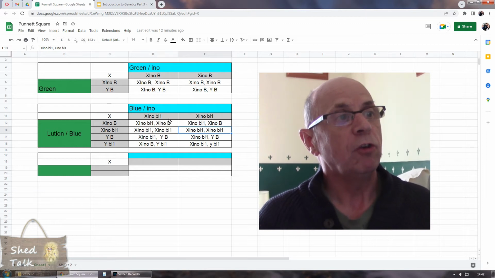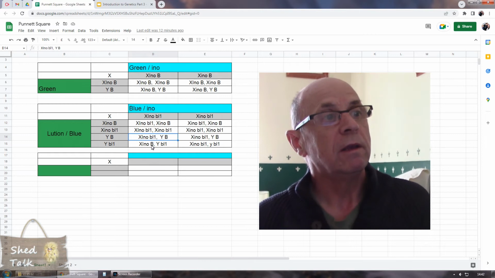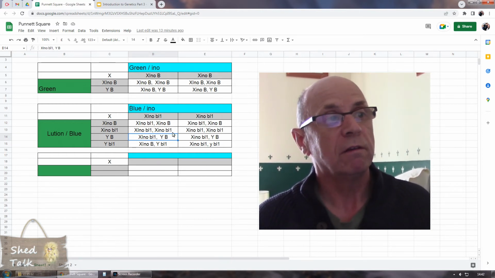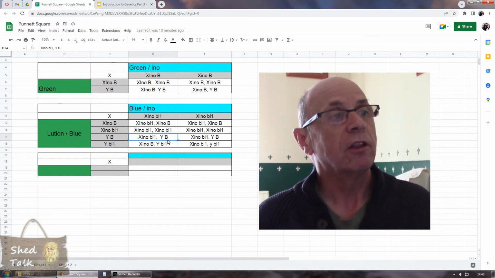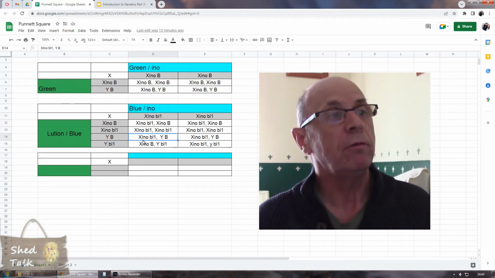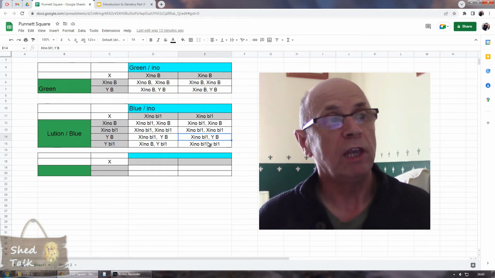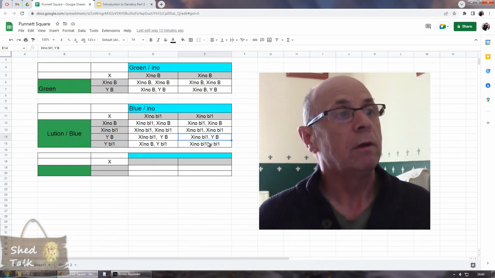And then the 2 below it, we can see that this bird here is going to be a green bird because it does contain 1 of the non-mutated blue genes, so it's going to be a normal green, split for blue. This one here is going to be a lutino split for blue.